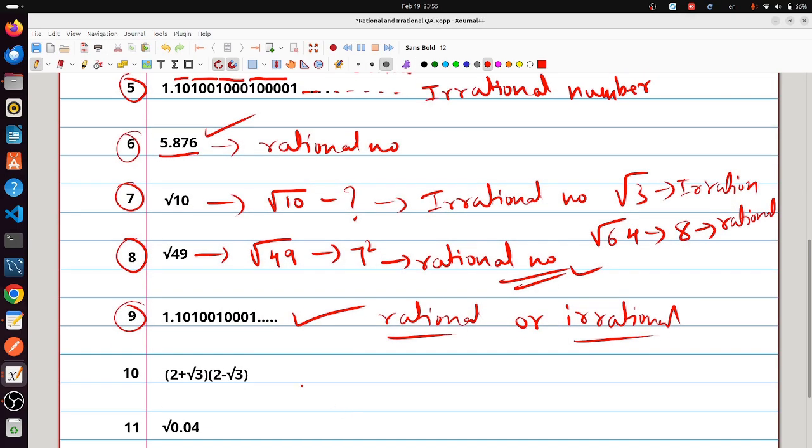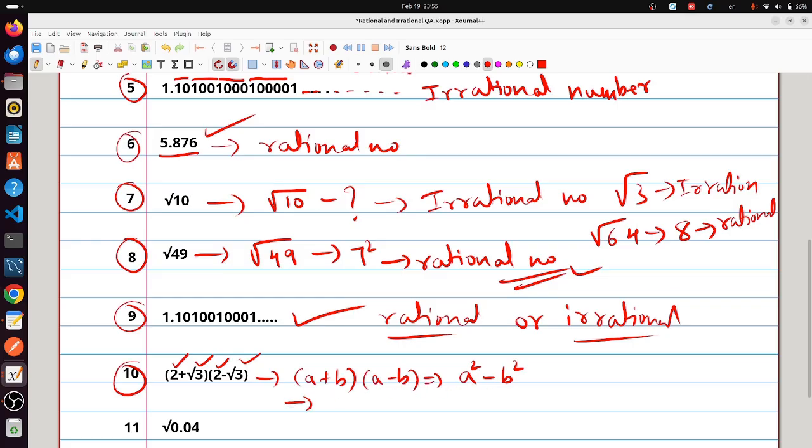So let us see the 10th. This is somewhat interesting, right? Nothing, this is simple. It is in the form of a plus b into a minus b. We know the formula, right? a square minus b square is equal to a plus b into a minus b.